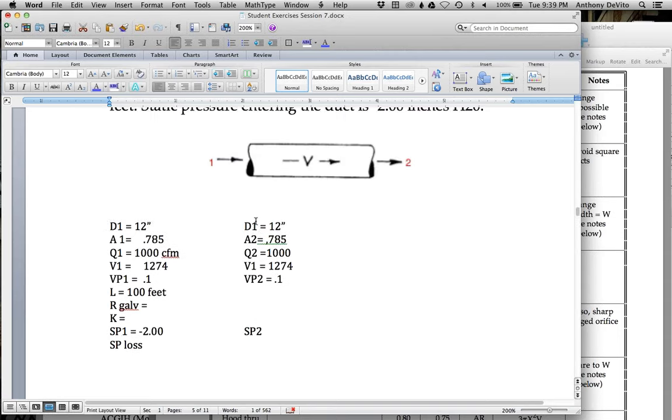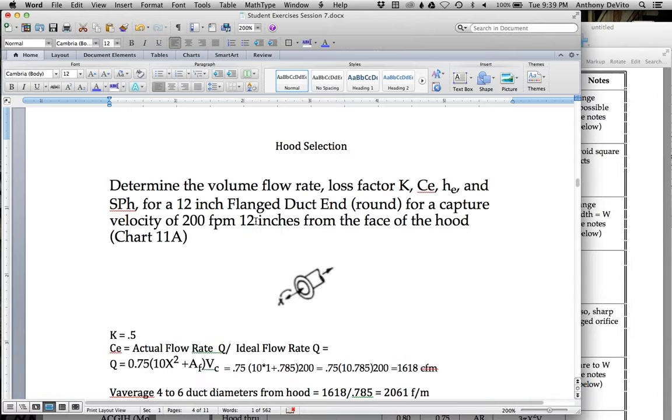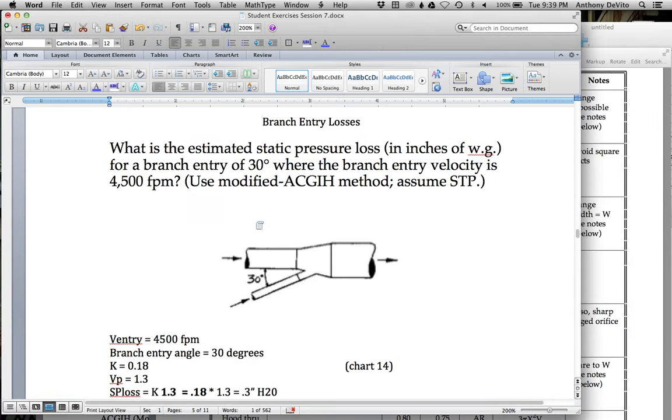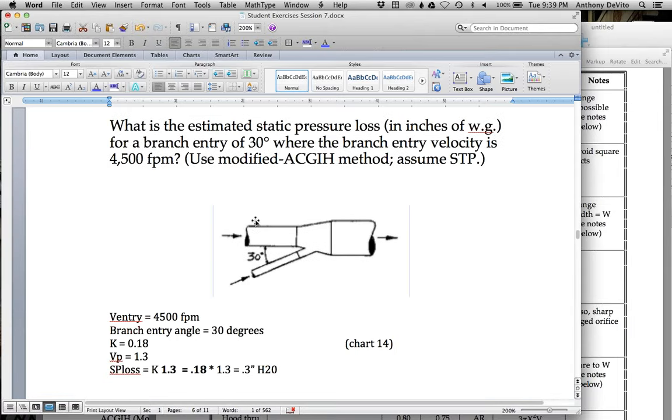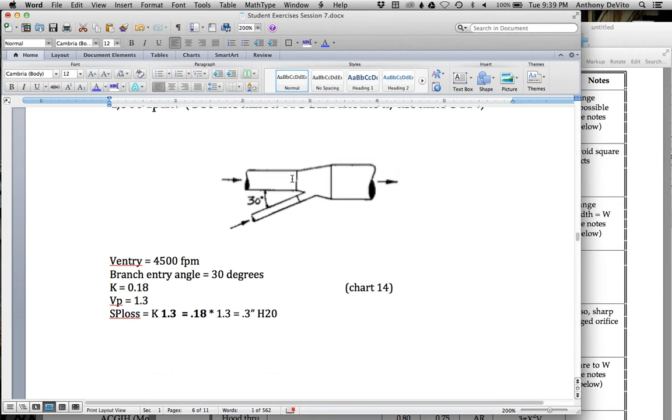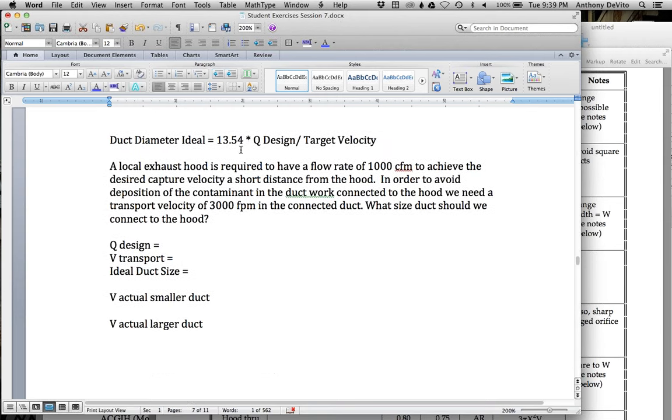How are you going to determine what size duct you want to connect to that hood in order to achieve the transport velocity that you want? Well, for your particular hood, your Q is based on what the capture velocity has to be.